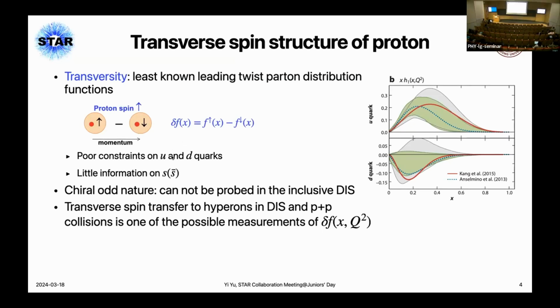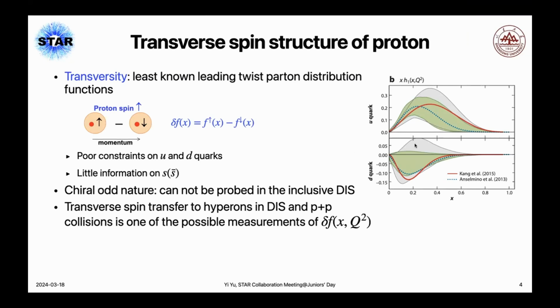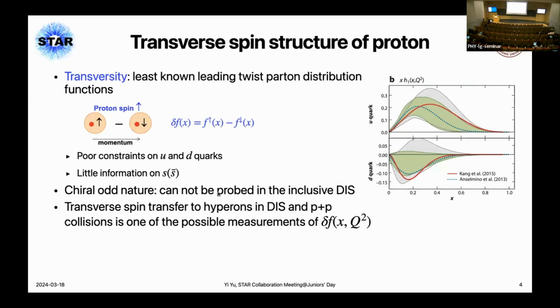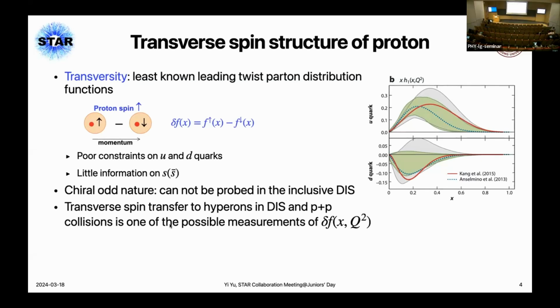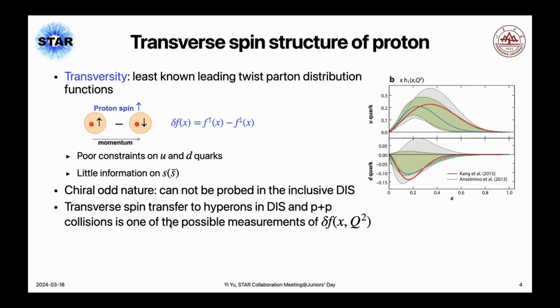Currently, even for U quark and D quark, as shown on the right plot, there are poor experimental constraints, and we do not have information about the strange quark contribution. Because of its chiral-odd nature, we cannot access the transversity in the inclusive DIS experiment. One of the possible ways to access it is by measuring the transverse spin transfer of the hyperons in both the DIS experiment and the proton-proton collisions.